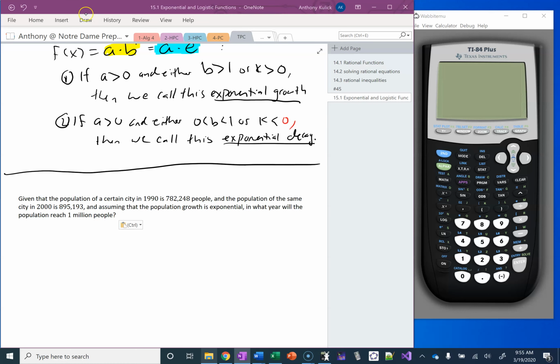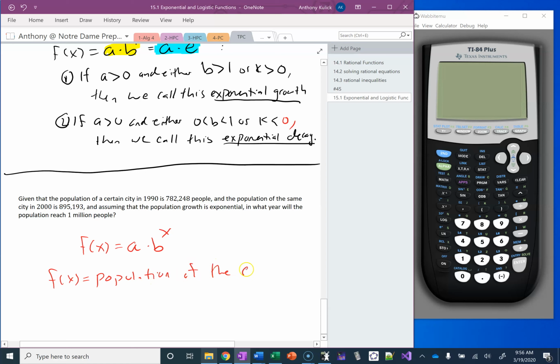So what I'm going to try to do is start by writing an exponential equation. I want something in the form a times b to the x, where we're going to represent f of x as the population of the city, and we're going to use x to represent the number of years after 1990.